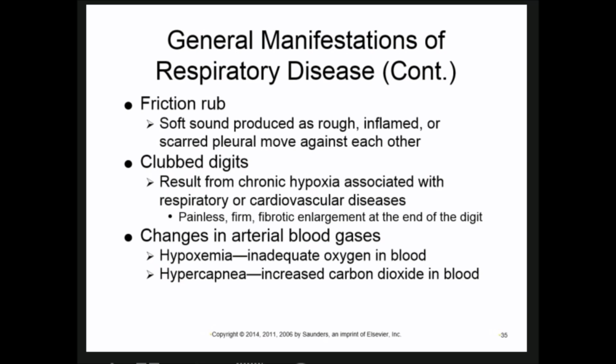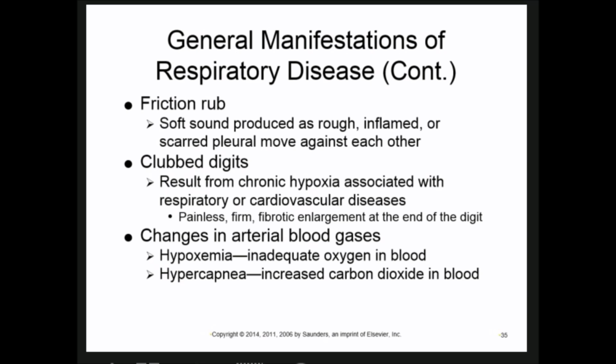But if you have inflammation, the layers have friction with each other, which can be painful, and if you listen with the stethoscope, you hear a crackling sound from this friction. This is called friction rub, a rubbing sound. Clubbing of the digits.